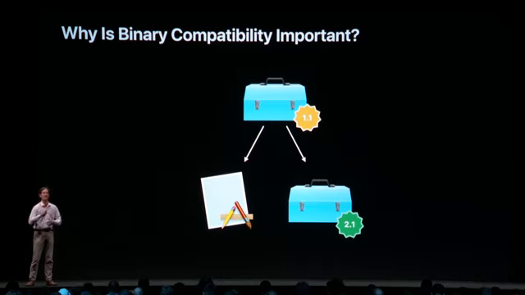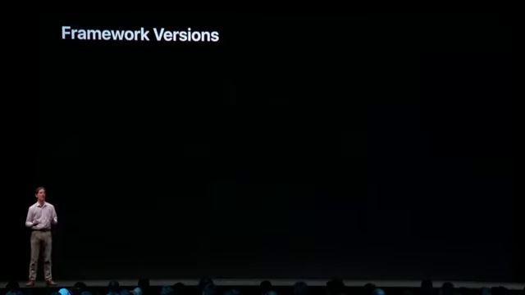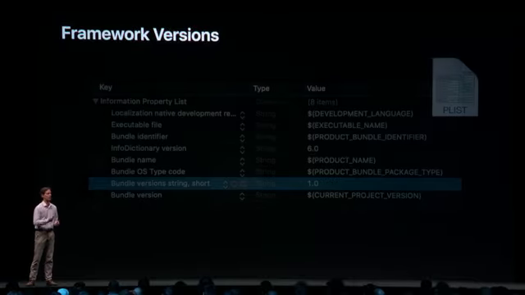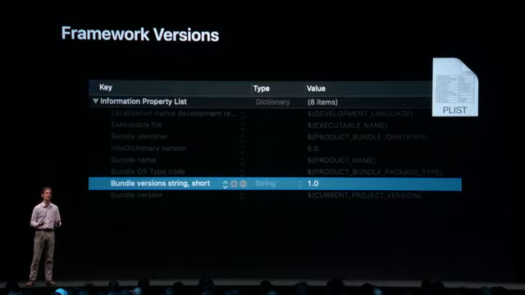So I'm saying here that the version of your framework is important. And not only do you want to put that on your website, in your documentation, but you should also put it in the framework itself. And the place to do that is the bundle version string setting in the framework's Info.plist. This is a place for a human-readable version number to communicate to your clients what changes you've made since the last release.